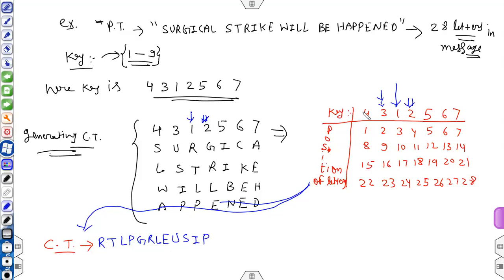Then we will read the fourth one. The fourth column has the letters S, L, W, A. Then we can read the fifth one, which has I, B, N. After this we will read the sixth one.